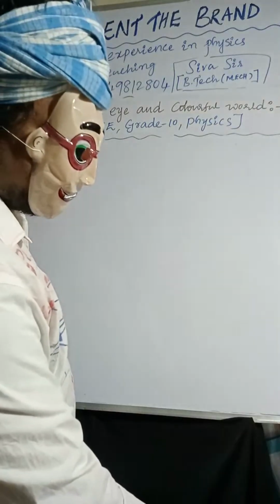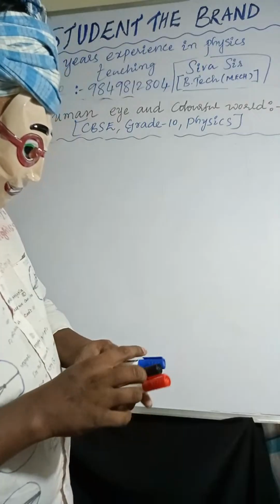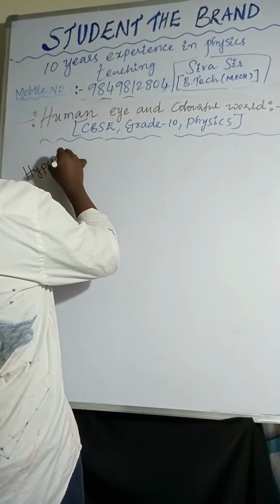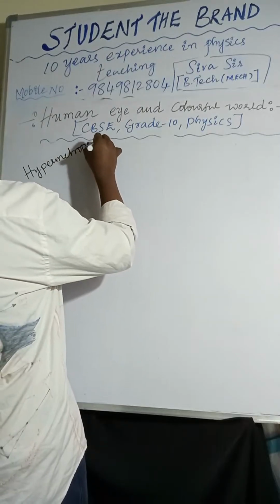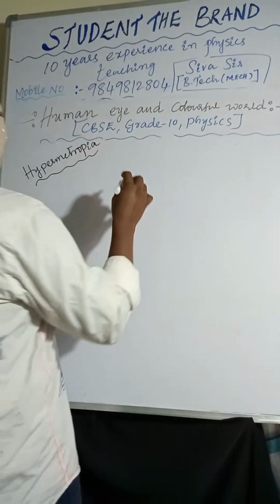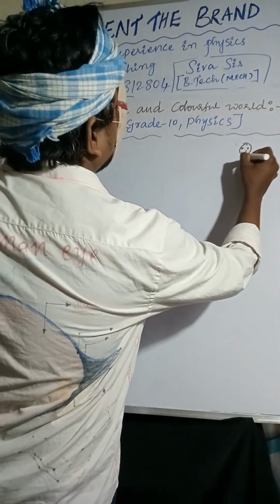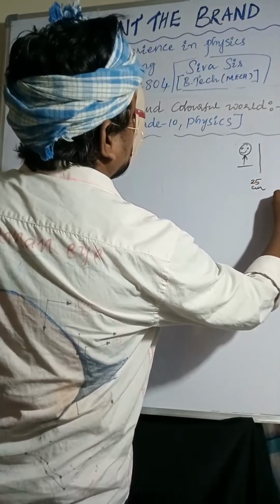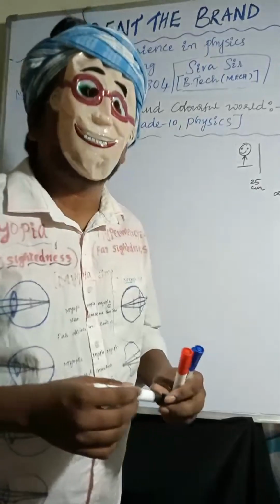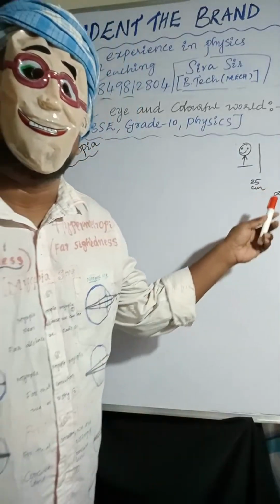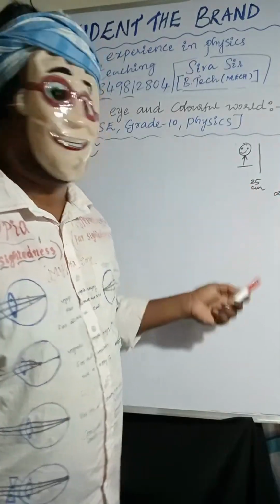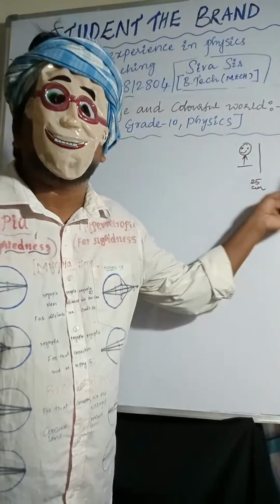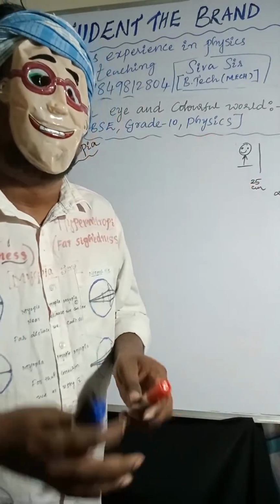Now we are going to discuss hypermetropia. In a hypermetropic eye, the person can see far distance objects, but he can't see near distance objects.